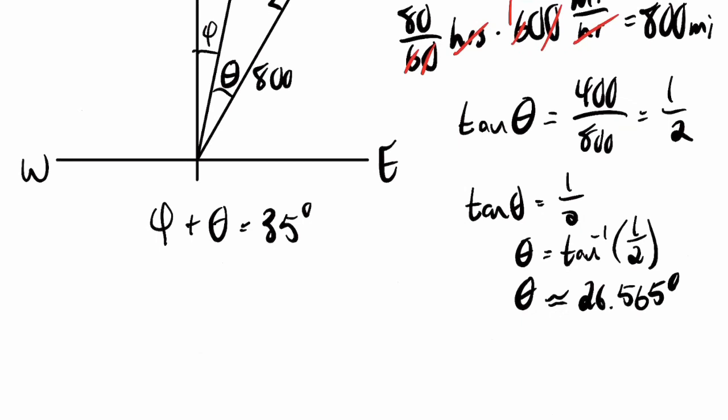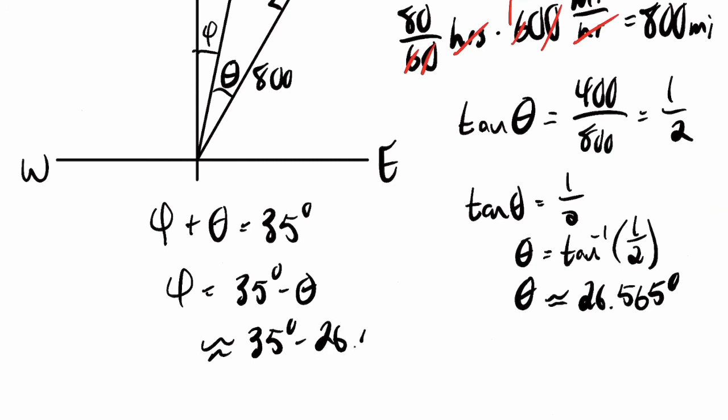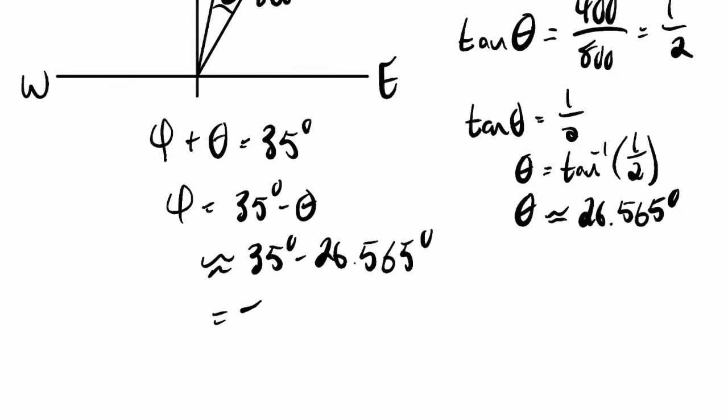So now that we have that theta is about 26, that means phi is going to be 35 minus theta degrees. That's approximately 35 minus 26.565. So that's going to be, I think, 8.435? Double check that with the calculator.